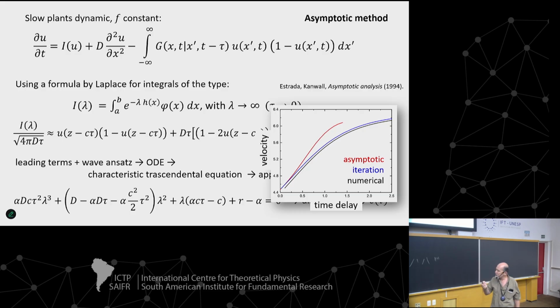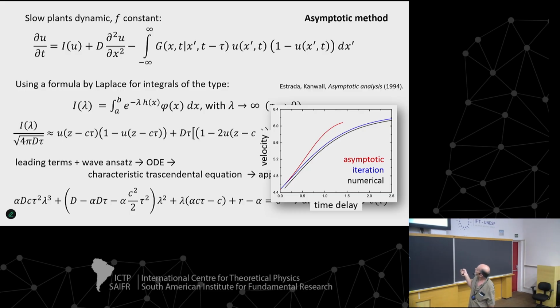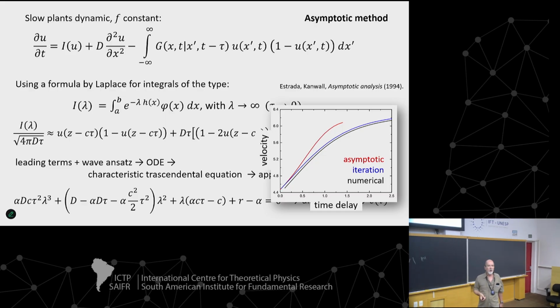The asymptotic method uses a very old formula by Laplace for integrals of this type, which is valid in this region. And you can do it, and you get a characteristic transcendental equation from which you get the value of the velocity, as it's the standard way of doing it in the Fisher's equation.